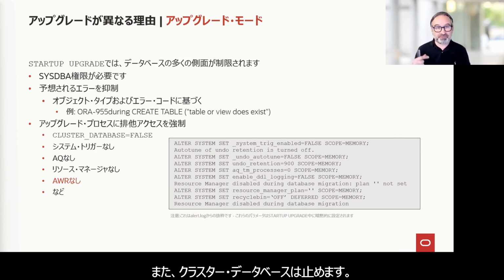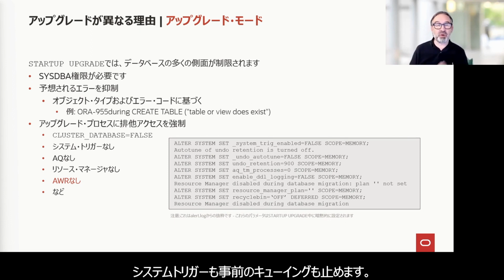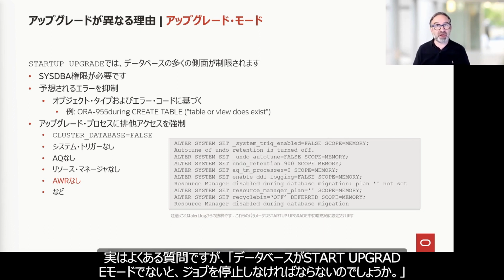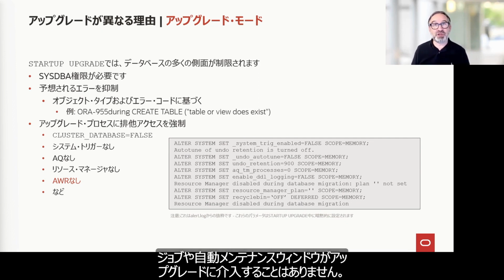But what we do is CLUSTER_DATABASE needs to be false. No system triggers, no advanced queuing, no jobs run while the upgrade happens. So no worries. This is a question we get quite often: do I have to stop my jobs when the database is in startup upgrade mode? No jobs, no automatic maintenance windows intervene with your upgrade.